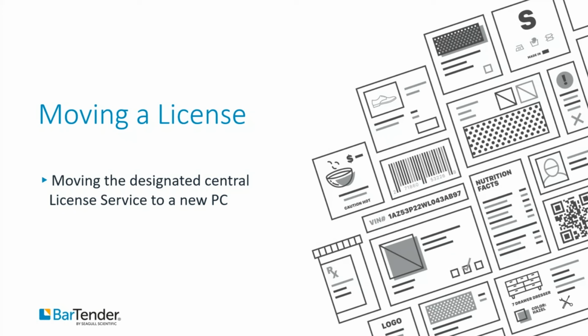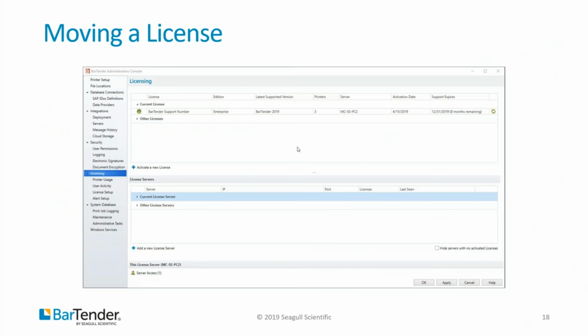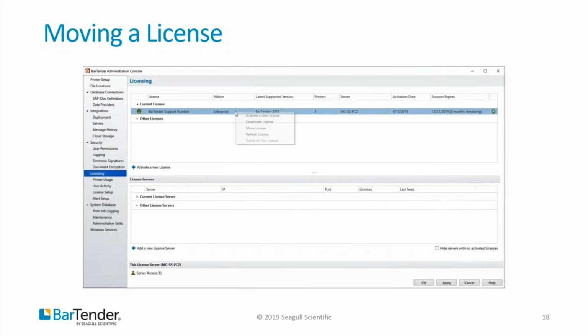We want to move it from shipping to a central server, an actual server, or something like that. So in this example, we are going to have to open our admin console. So remember, start menu, all programs, BarTender, administration console. We're going to go to licensing on the left.